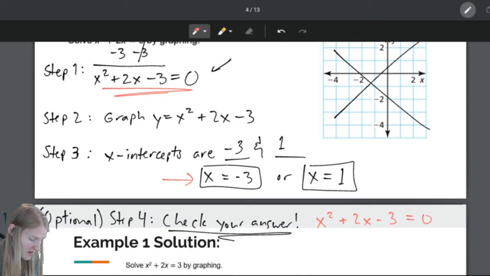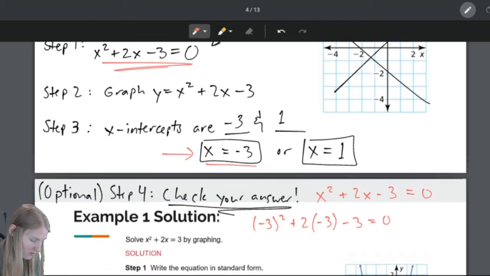Now what if I make x equal to -3? -3 squared plus 2 times -3, minus 3 equals 0. Negative 3 squared is 9. 9 minus 6 minus 3 is 0. And oh, would you look at that? 9 minus 9 is 0. Yes, indeed. So this one is good.